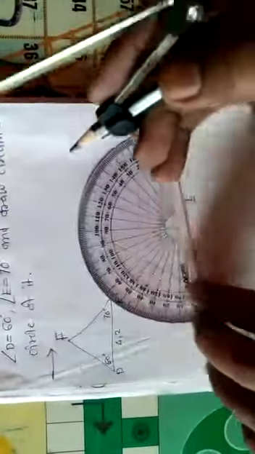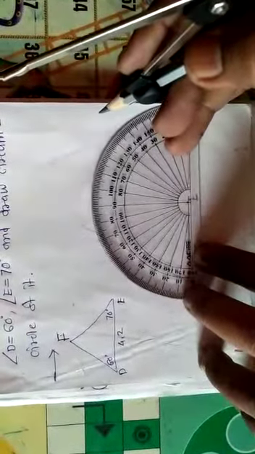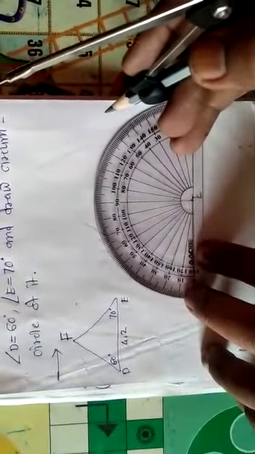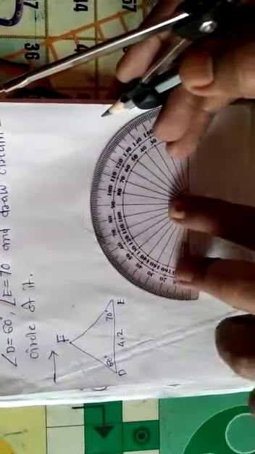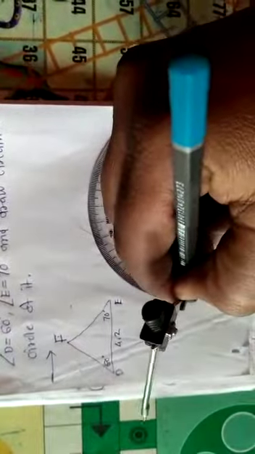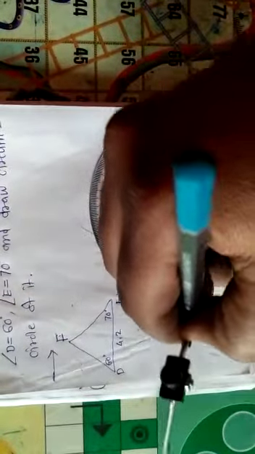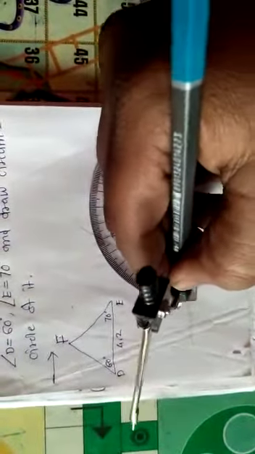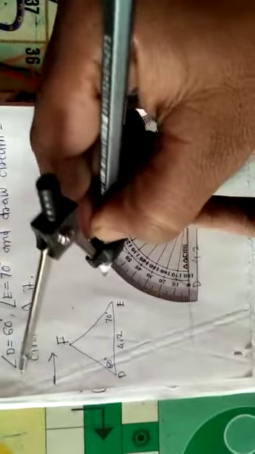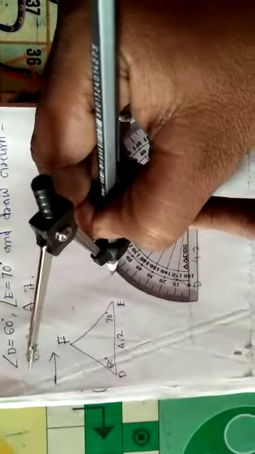Now measure at point E. Right now the line is here, so we measure from this side, the left side: 0, 10, 20, 30, 40, 50. Join this.